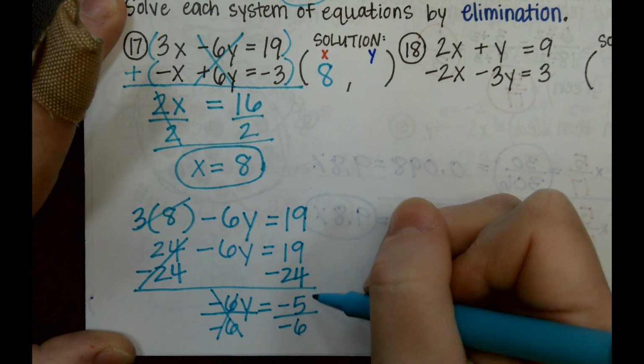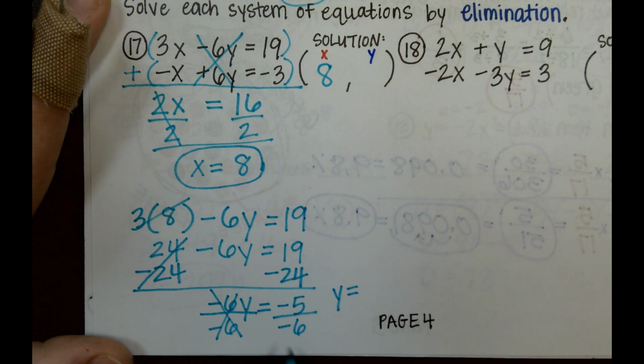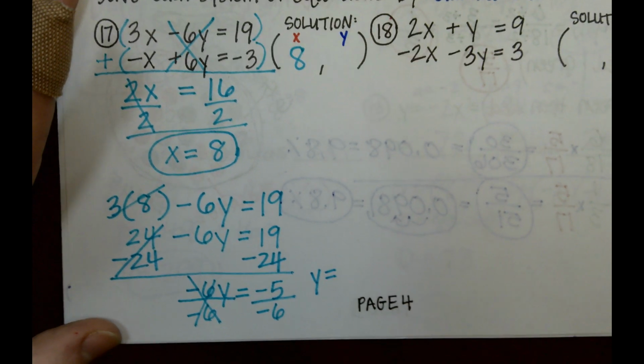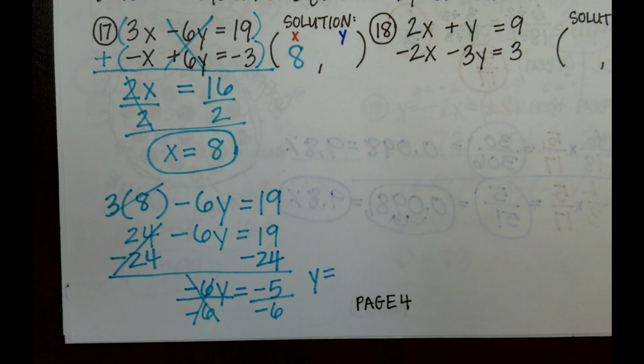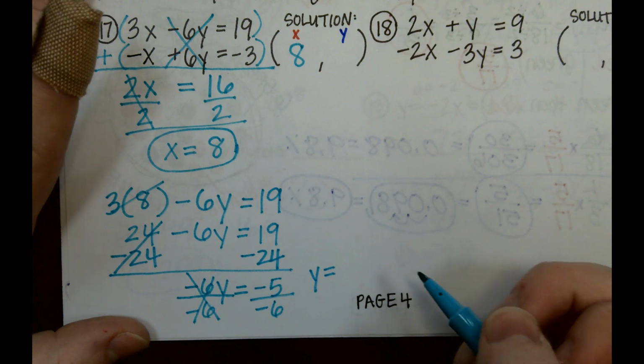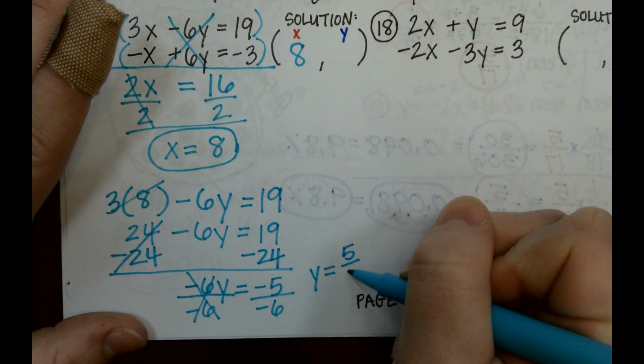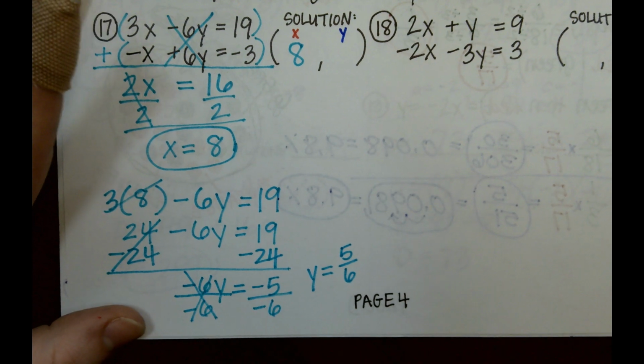So y equals... should we get a positive or a negative number? A positive. Our negatives cancel. You could put two different things for y, and I would accept both. You could get 5 over 6 if you prefer the fraction.